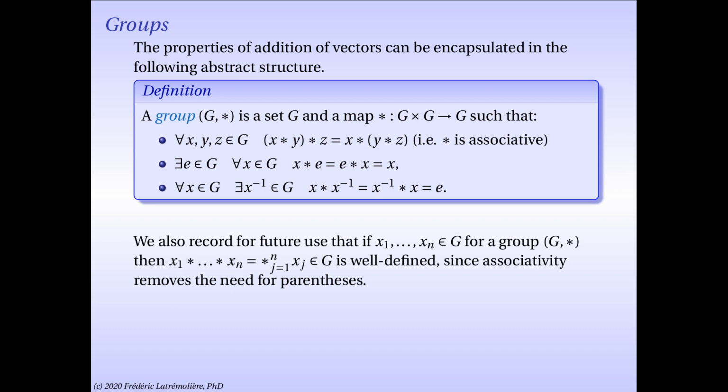This can be generalized to arbitrarily finitely many elements of G. There is a way to define x1 star x2 star x3 etc. star xn without writing any parenthesis because associativity ensures that this is not an ambiguous definition. We will use this notation all throughout our lectures.